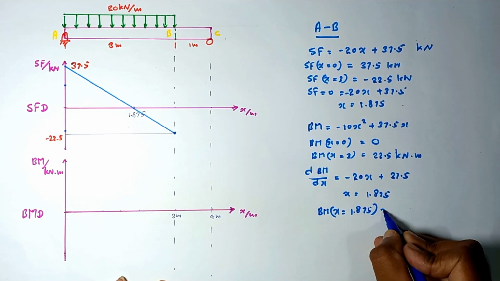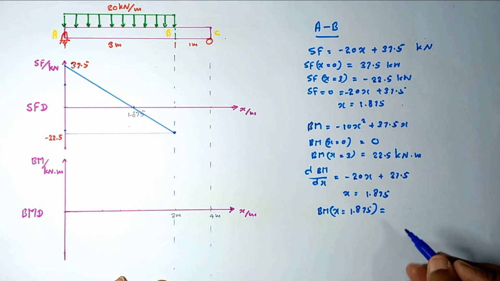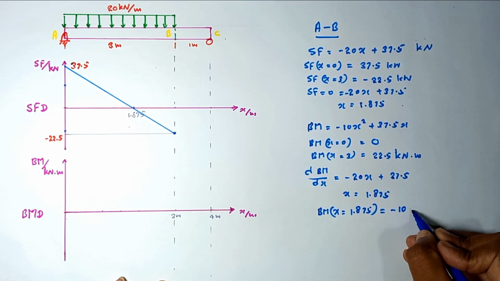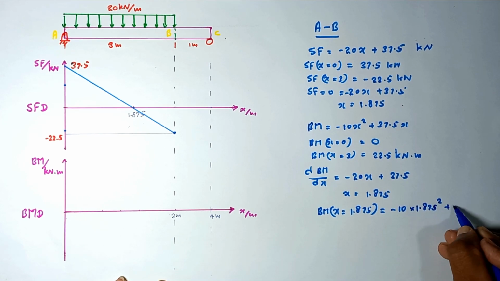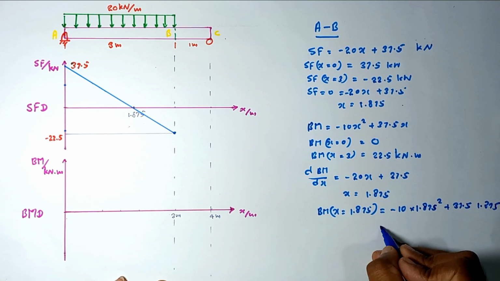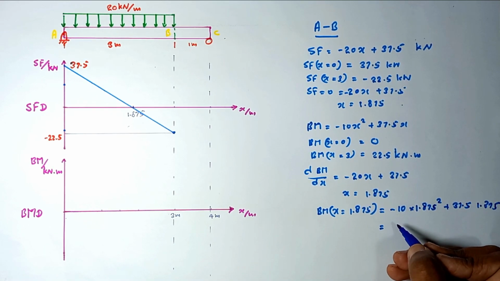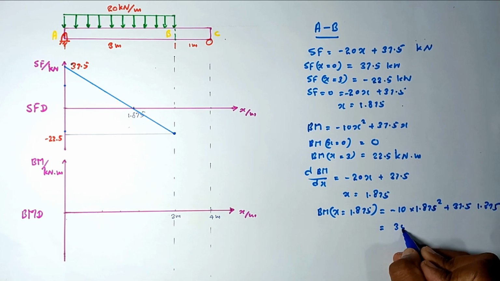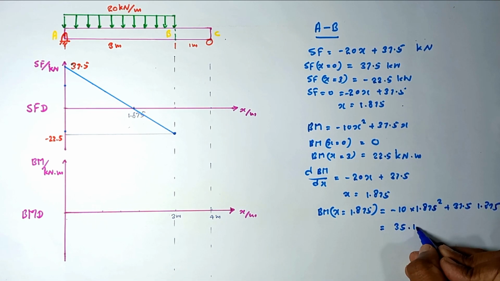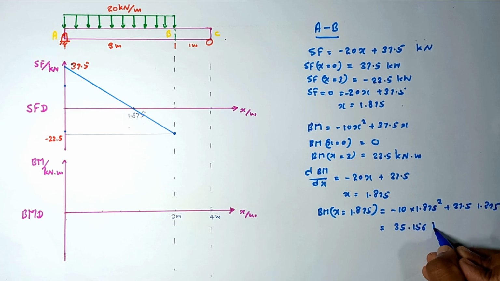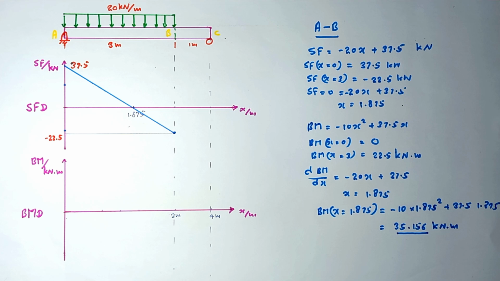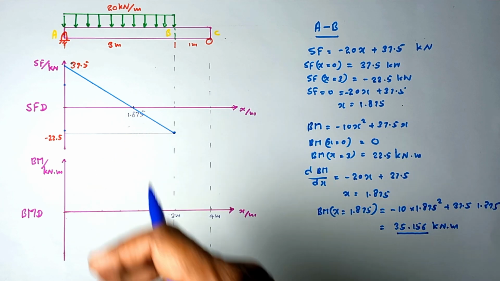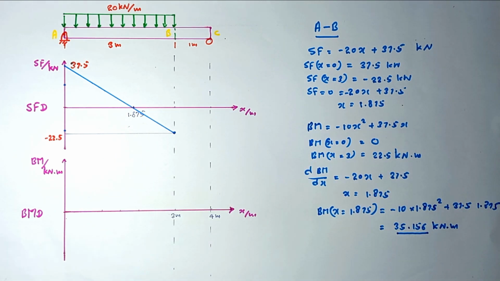The value we have to calculate by substituting this value in this equation, minus 10 into 1.875 squared plus 37.5 into 1.875. The value is equal 35.156 kilonewton meter moment applied on the cross section at the B.